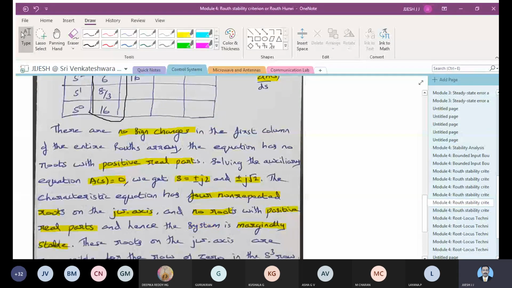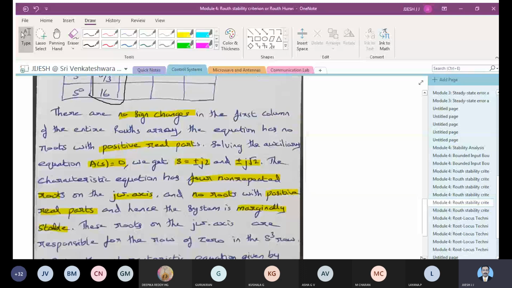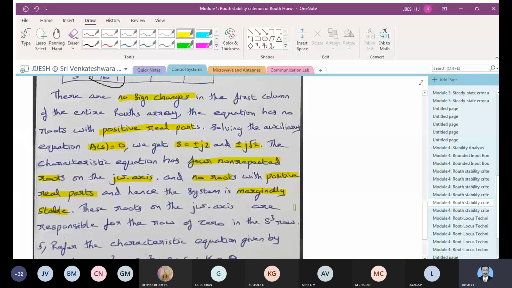So the system is said to be marginally stable. These roots on the j omega axis are responsible for the row of 0 in the s cube row. So this is the process, and you can say that the system is marginally stable.